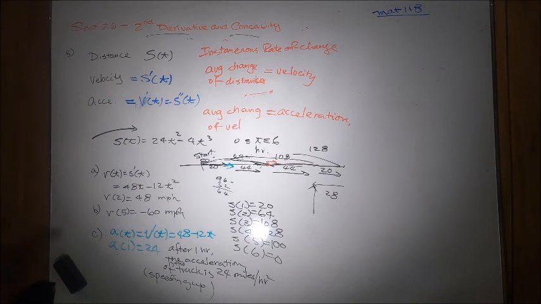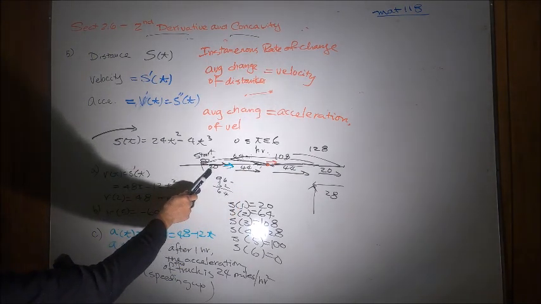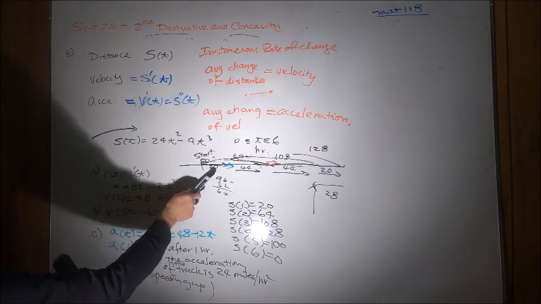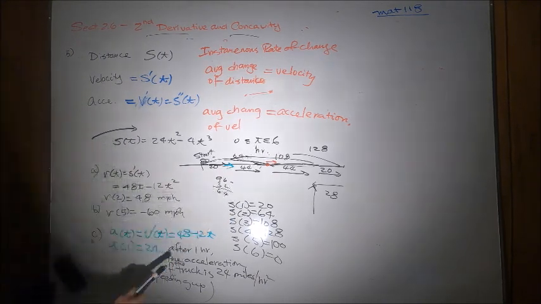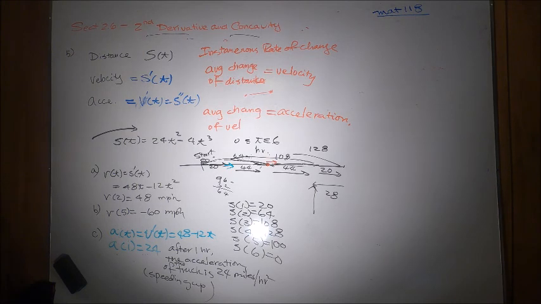This hour is 44 miles. The first hour is 20 miles. In 1 hour, you increase by 24 miles. So that's your acceleration.